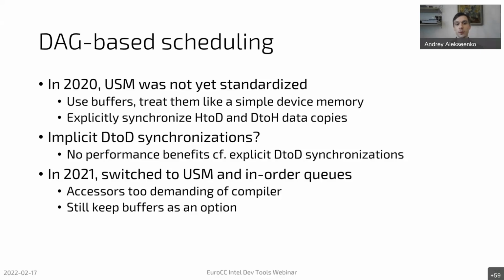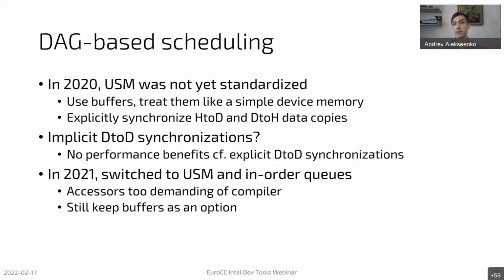And now in 2021, when we had the final draft of SYCL 2020 and it was, not fully, but to a larger degree supported, we switched to USM and in-order queues to be more consistent between different backends and minimize the overhead.